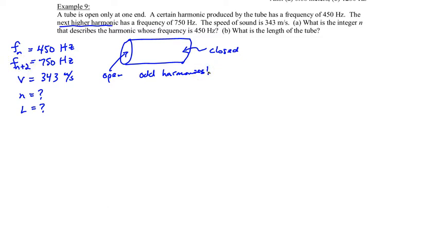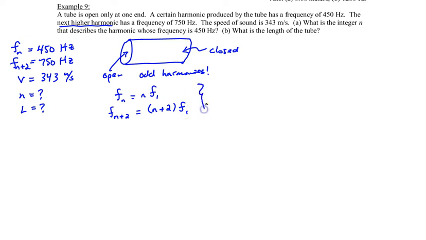Okay, so next we're going to use these two frequencies to figure out some information about the first harmonic, hopefully. You may recall that any nth harmonic is a multiple of the fundamental. So n is the harmonic number, and this is the fundamental frequency. If you have F sub n plus 2, then you would have n plus 2 in brackets times the fundamental.